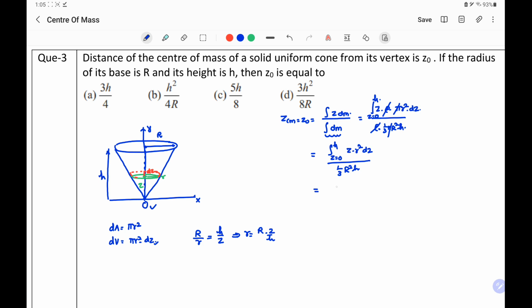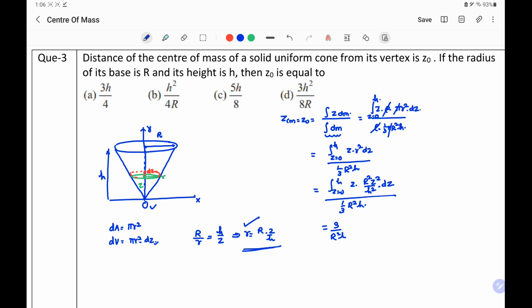Now we will substitute the value of r from the formula r equals capital R z by h. So it will be R square z square by h square into dz, divided by 1 by 3 R square h.